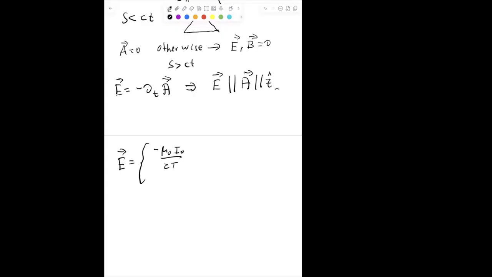If the current is 0, of course, we have nothing. Here we have C divided by the square root of CT squared minus S squared in the Z direction, as I already explained. And here S is less than CT, and it's 0 otherwise.